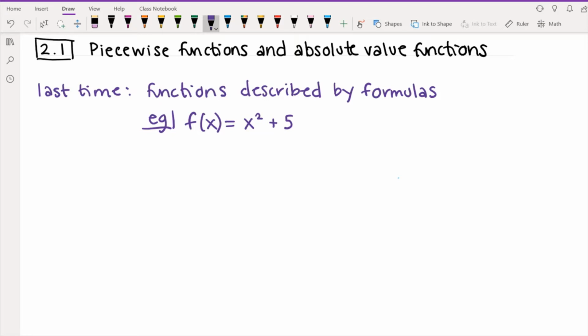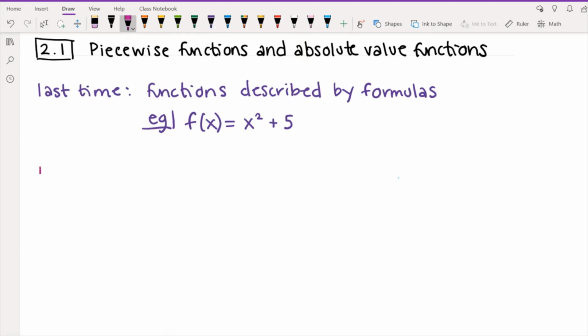And so what we'll see in this video is that there are some types of functions where it's not enough to just have one formula. Some functions, in order to describe all of their different parts, need multiple formulas. And that's what's going to be called a piecewise function.